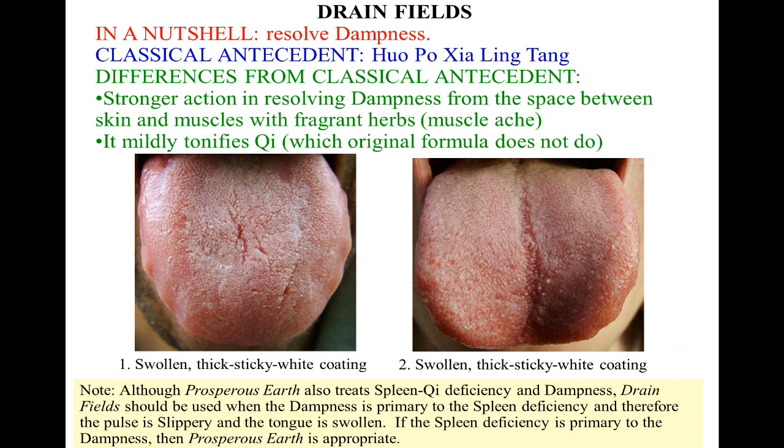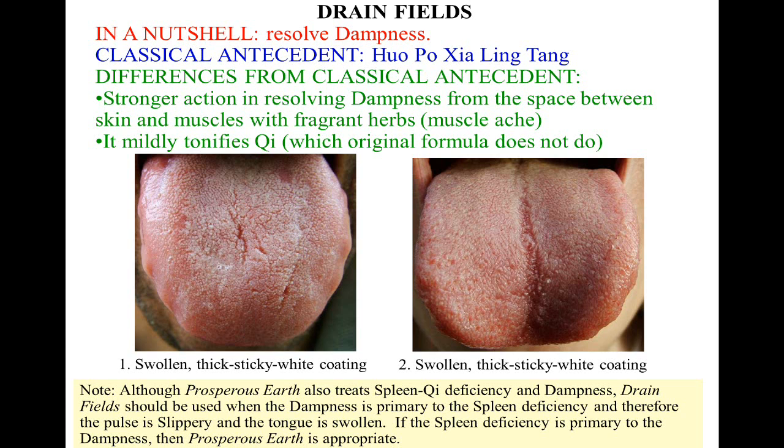So this is also actually a very useful remedy for acupuncturists, because if I should isolate what herbal medicine does that acupuncture doesn't do, one thing is that herbal medicine is probably a little bit better than acupuncture at resolving dampness and phlegm.